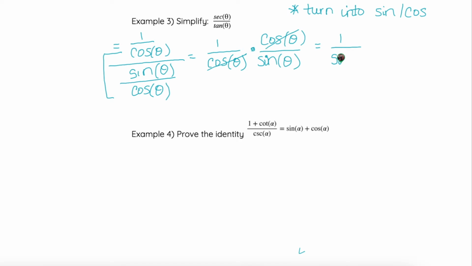So all I'm left with is 1 over sine. And 1 over sine simplifies to cosecant. So what we've just discovered is that secant over tangent is equal to cosecant. So we created a new identity.